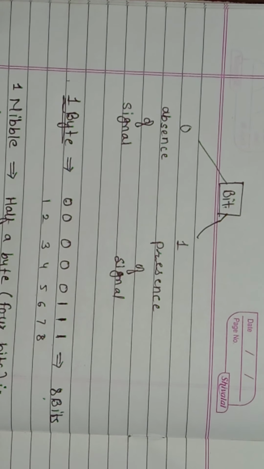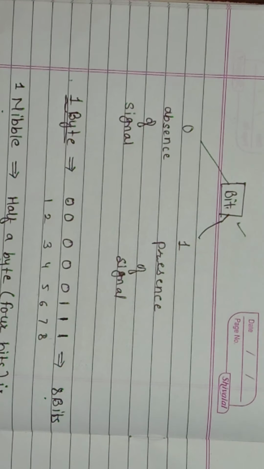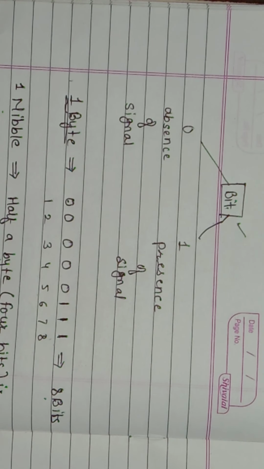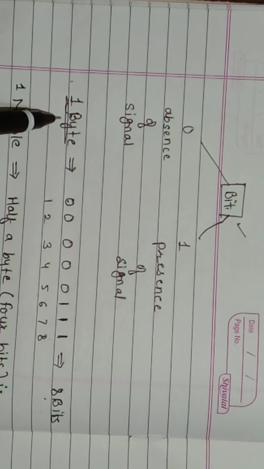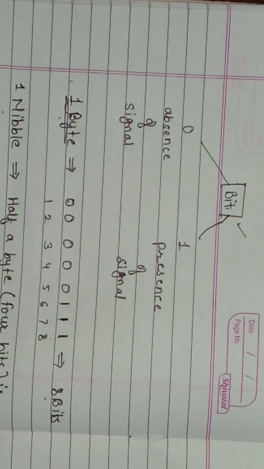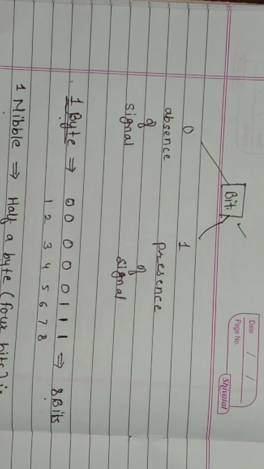The smallest unit in memory is called a bit. A combination of 8 bits is called 1 byte. A combination of 4 bits is called 1 nibble.